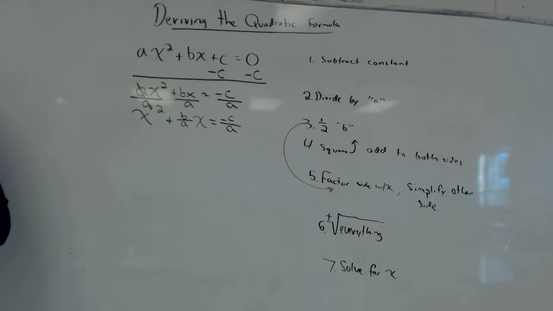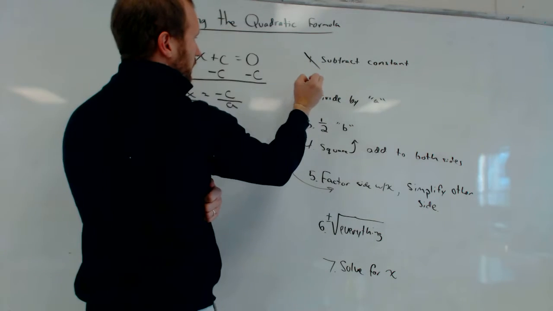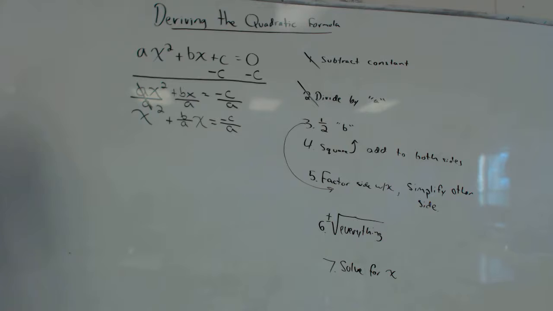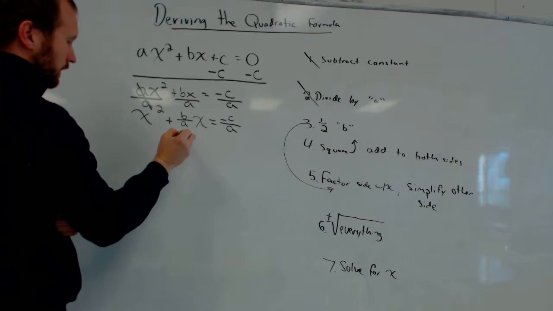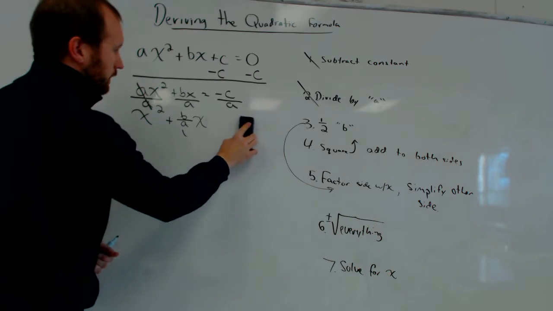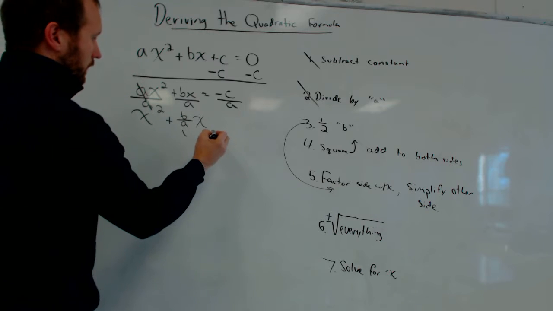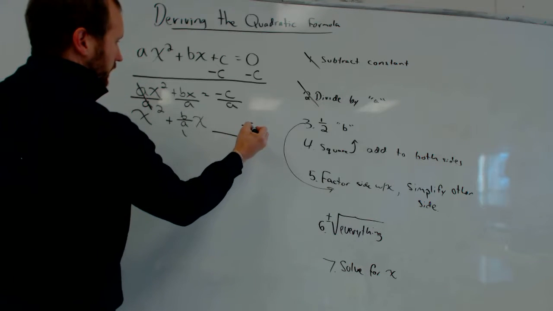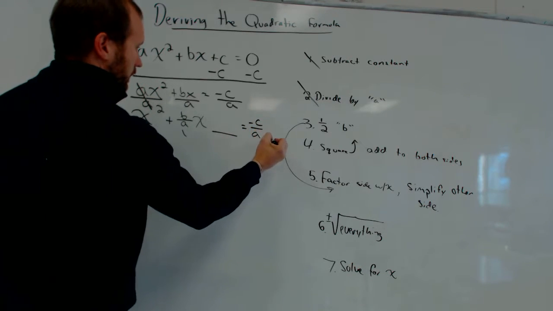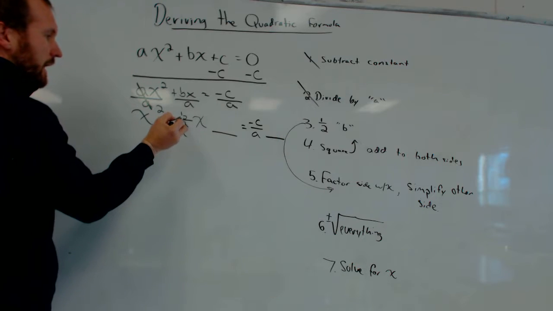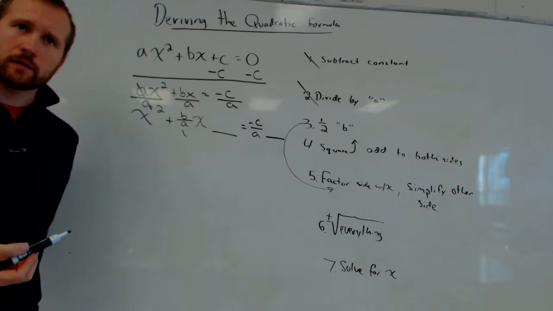Okay? What's next? You have to do the half. We did this. Okay, half of b. Let's leave our blanks. So, the blank equals negative c over a. So what is half of b over a? B over 2a.